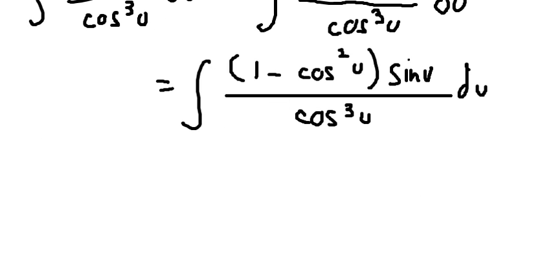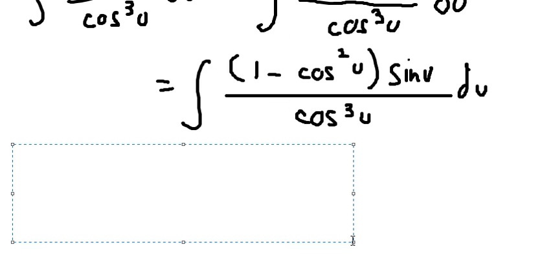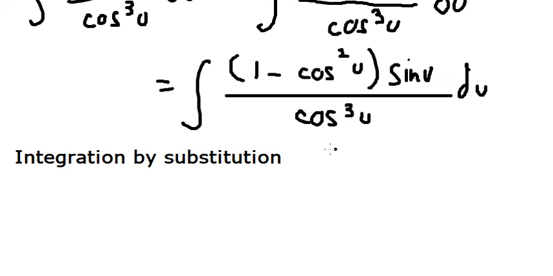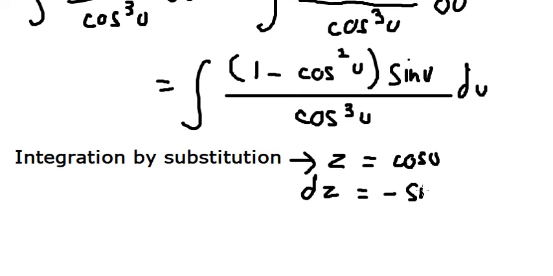So in this situation, we can use about integration by substitution. So we put about z equal to cosine u, dz. You got about negative sine u du. Because we don't have the negative in here, so we put the negative next to dz.